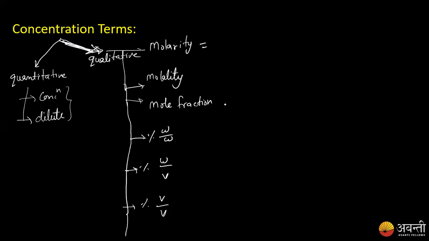So what is molarity? Molarity is basically moles per liter, meaning moles of solute per liter of solution. The formula is moles of solute divided by volume of solution in liters.